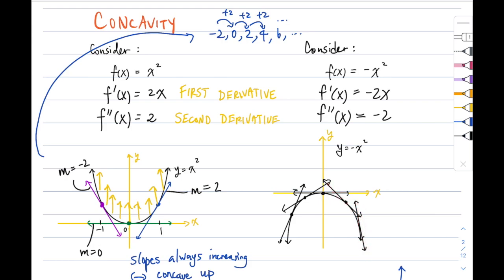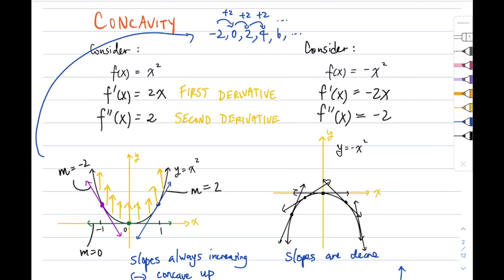So here, the slopes are going from a large positive value down to 0, and then to a large negative value. And so the slopes are decreasing. That's what it means to have a second derivative that's always negative. Okay, so here, the slopes are decreasing.